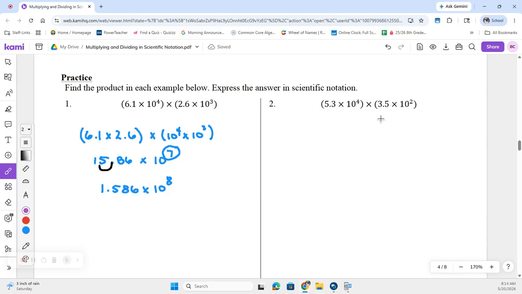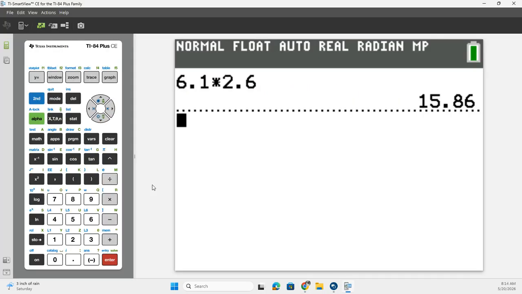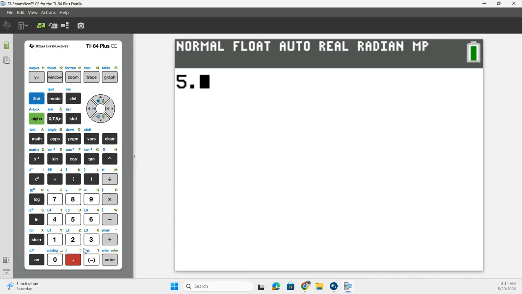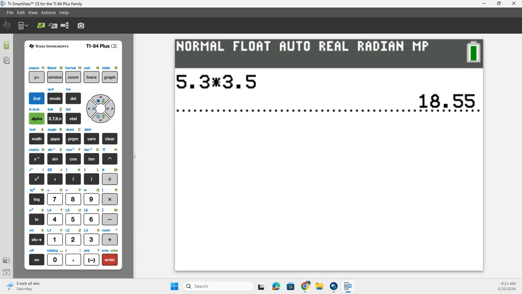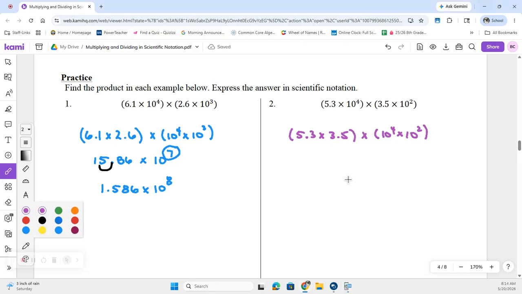5.3 times 10 to the 4th times 3.5 times 10 to the 2nd. 5.3 times 3.5 multiplied by 10 to the 4th times 10 to the 2nd. 5.3 times 3.5 is 18.55.